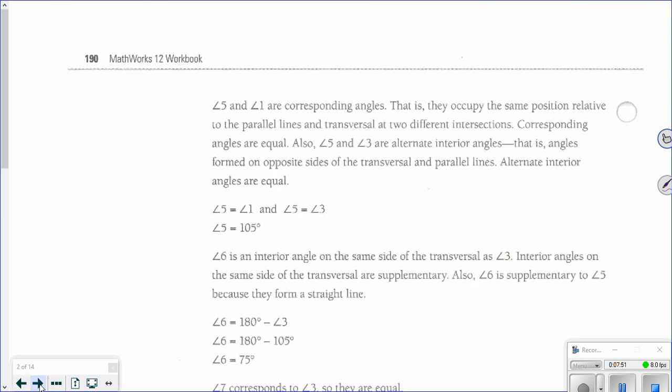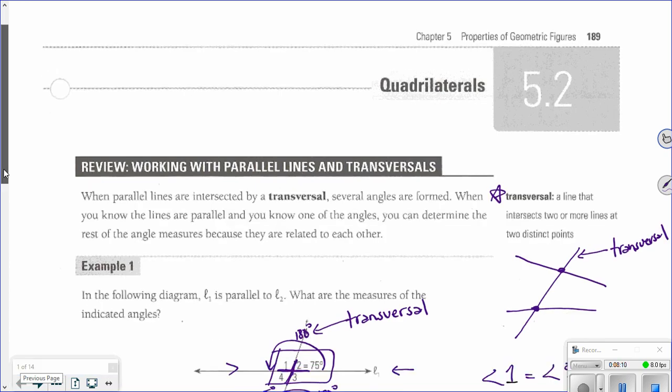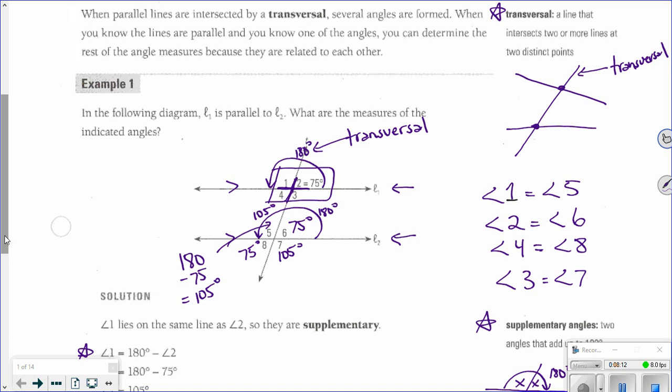On the next page, 5 and 1 are corresponding angles. That is, they occupy the same position relative to the parallel lines and the transversal at two different intersections. Corresponding angles are equal. So that's the same pair that we wrote on this first page. These right here are known as the corresponding angles.